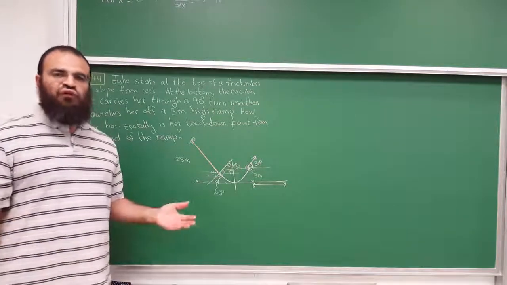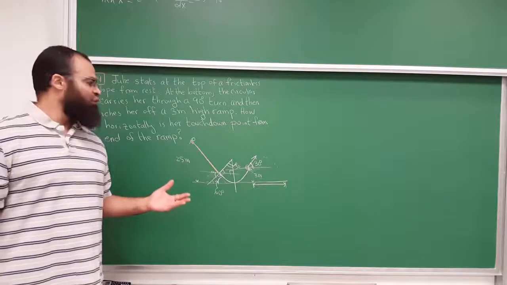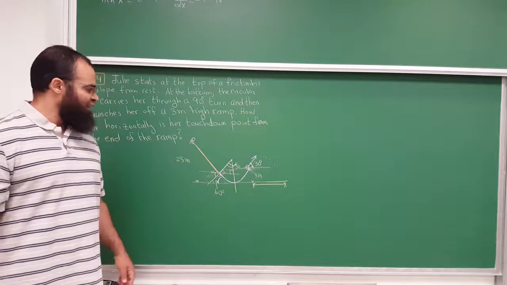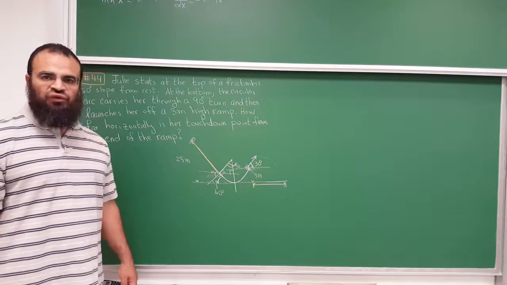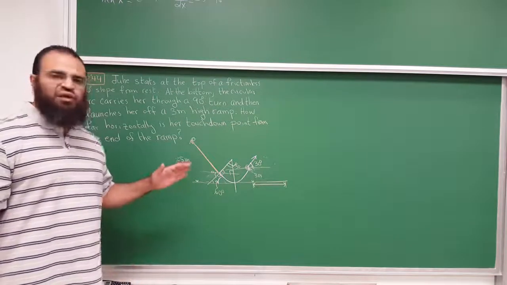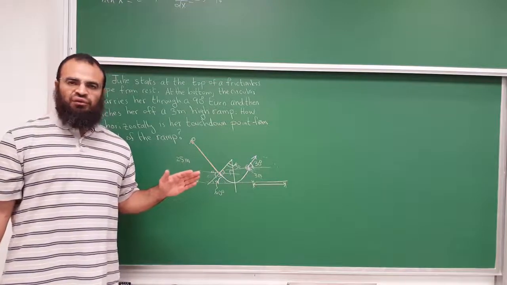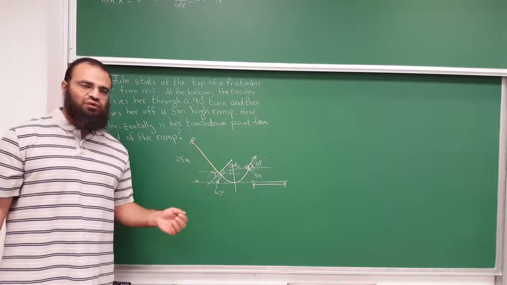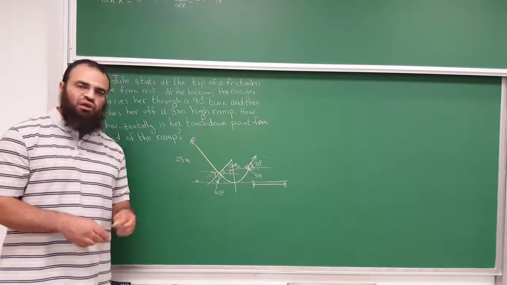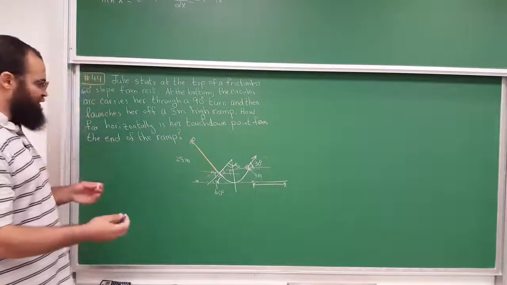Why? Because we have no non-conservative forces doing work. Friction is absent, you just have the gravitational force. Yes, you do have the normal force, but normal forces do not do any work because they always act perpendicular to the direction of motion. So that cosine of 90 is 0. So the work done by the normal force is 0.